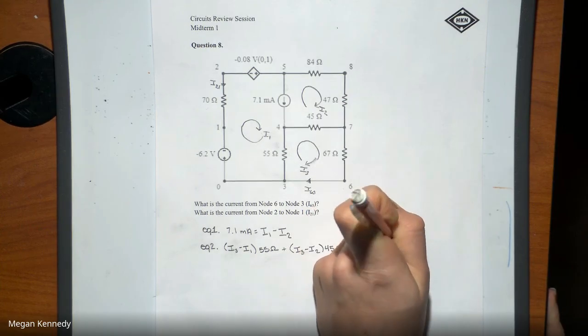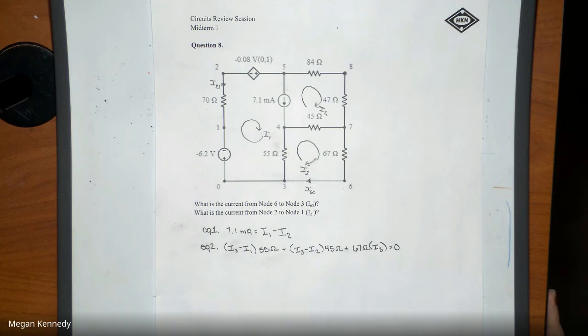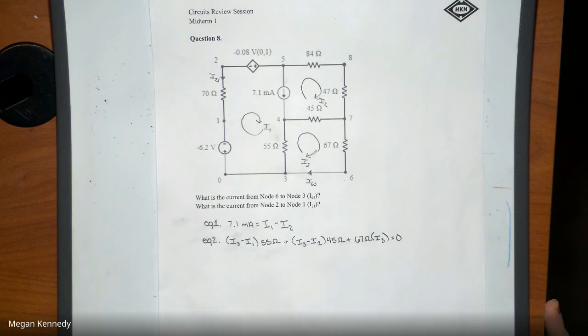And that is all going to equal 0. Does that make sense how I did that equation? All right.